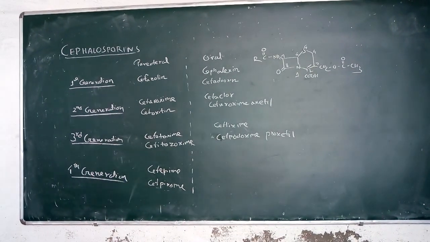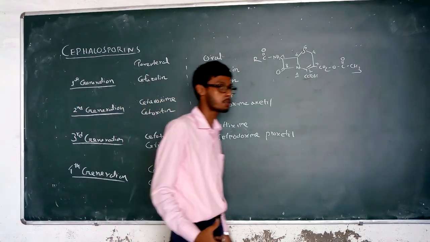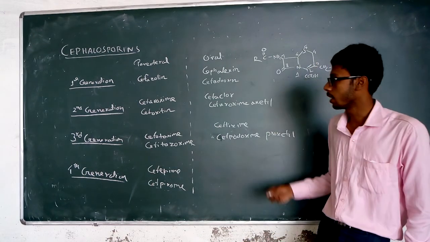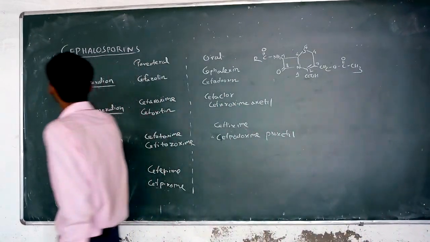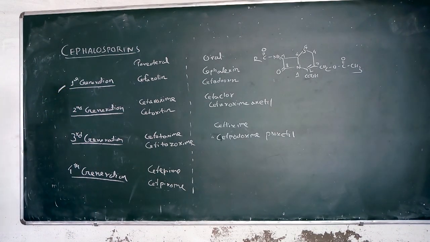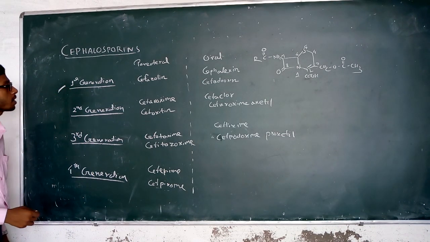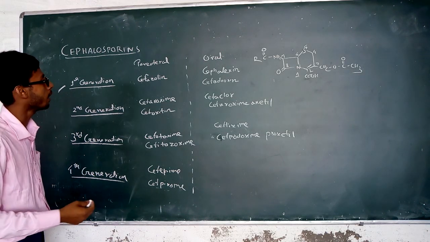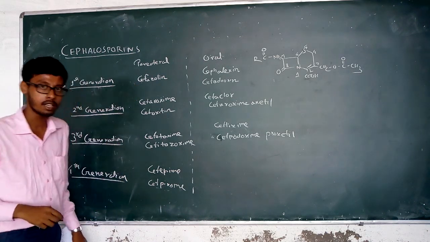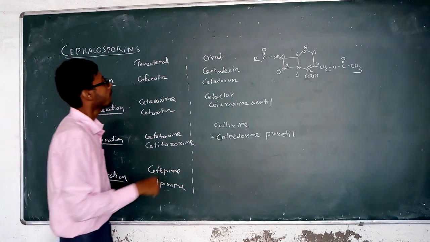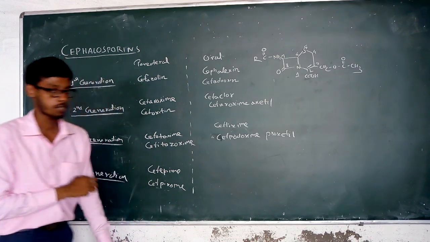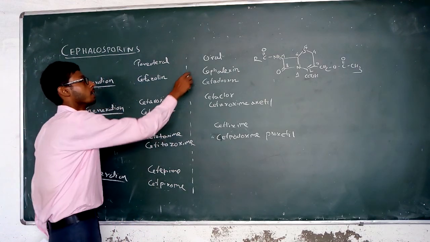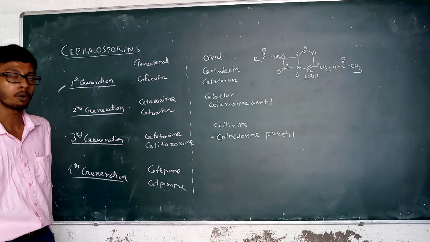So this is the classification of the cephalosporins, the various semi-synthetic analogs, classified according to generation. The first generation was discovered early, and examples of first generation drugs are cefazolin, which is administered parenterally by the IV route, and cephalexin and cefadroxil, which are administered orally.